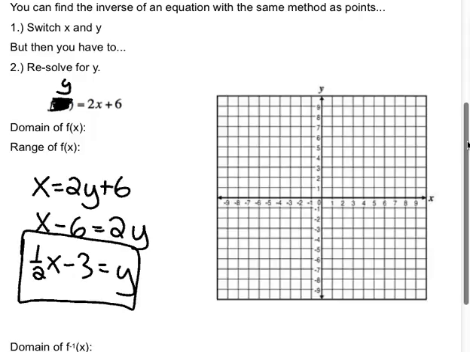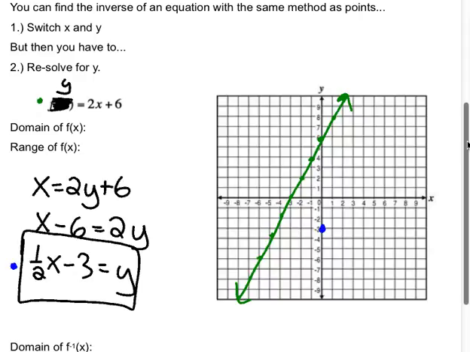Now, I want to show you that the same thing applies to this, as we already talked about as well. So I'm going to graph this first one in green. So y-intercept up at 6, slope of 2, so there's my original line. Now let's graph this.